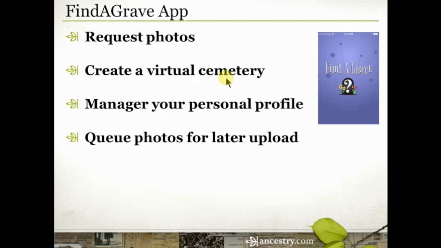And you can do this on the web, but I see that it's a little bit easier to do through the app. So for example, if I wanted to create a listing of all of the places where my Cowan ancestors and relatives are buried, I could create a virtual Cowan cemetery, and every time I come across one of the memorial pages for one of those relatives, I could tag it into this virtual cemetery of mine.